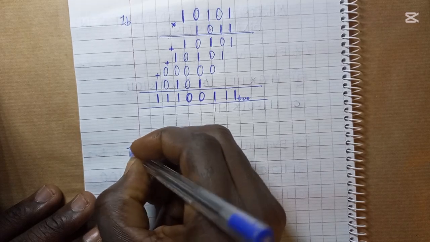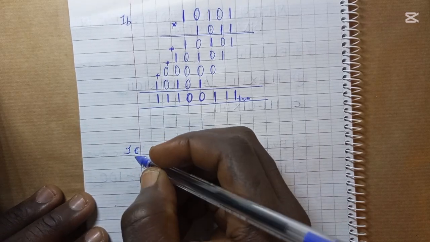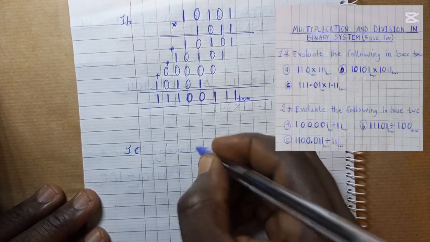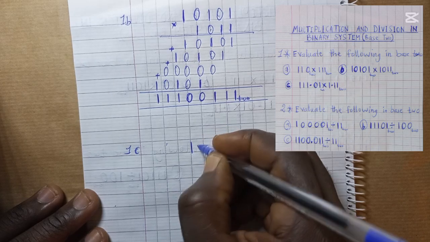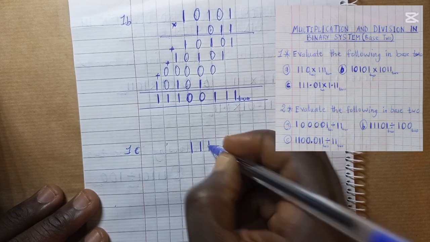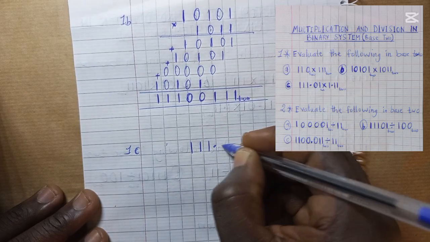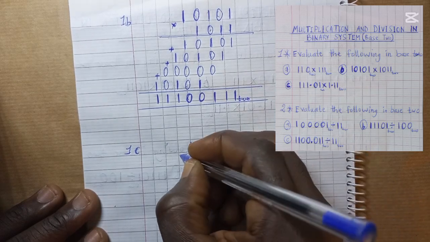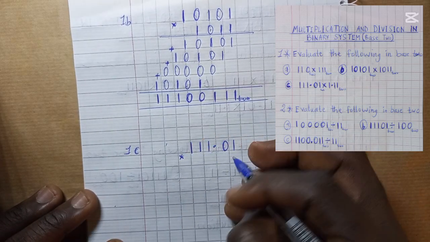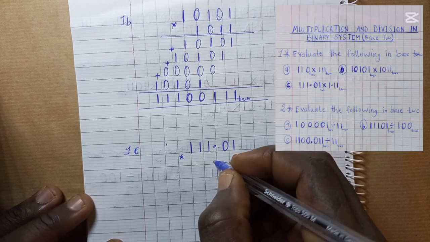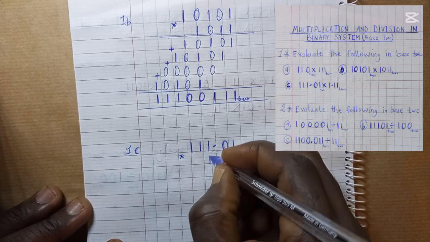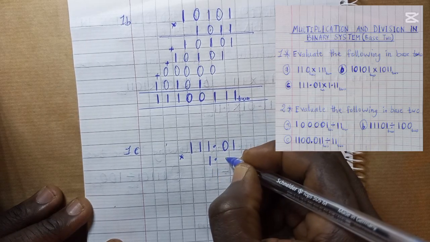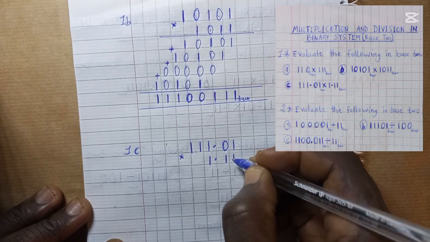And then number 1C. For number 1C, we have 111.01 times 1.11.